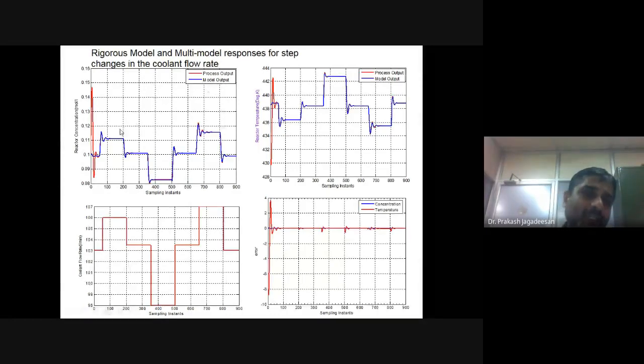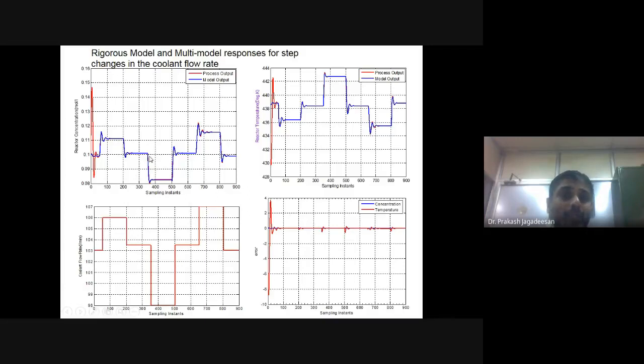And you can see here, initially there is a difference between the model output and the actual process output, but after, I would say, the 50th sampling instance, the model output and process output are exactly matching.